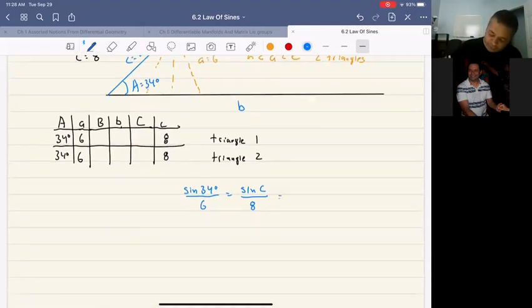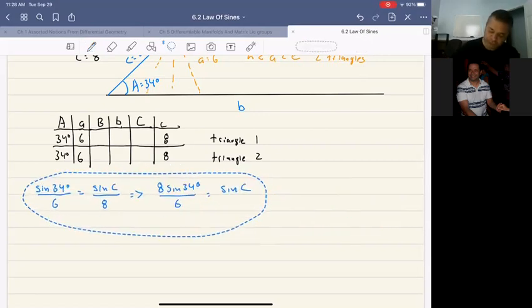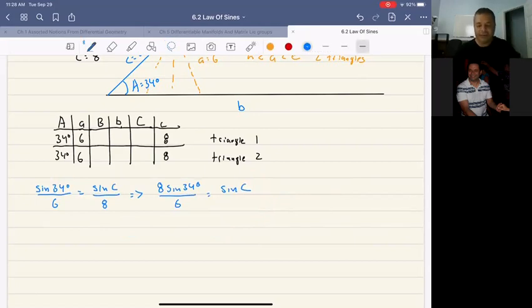So 8 sine of 34 degrees over 6 equals sine of C. That's going to give us 34 sine times 8 divided by 6. So I'm going to get sine of C is 0.74559. I'm not going to even round it because I'm just keeping it in my calculator to find the inverse sine.